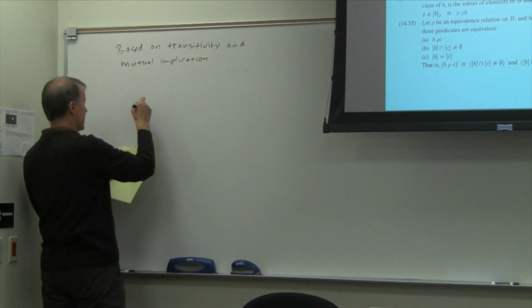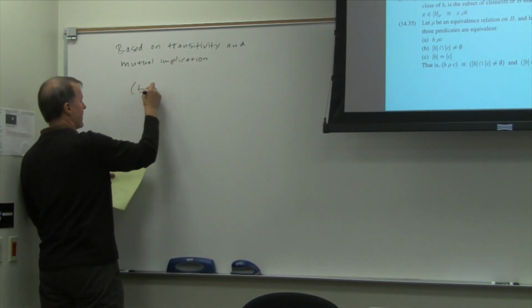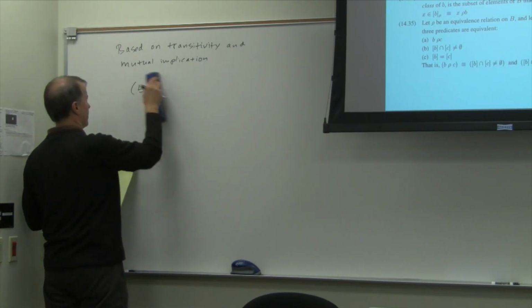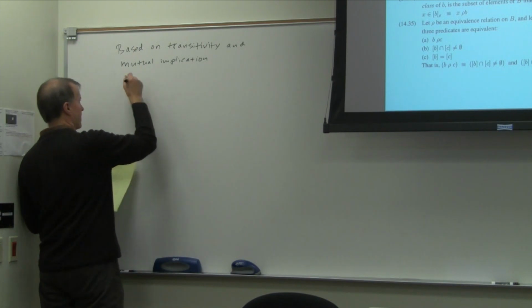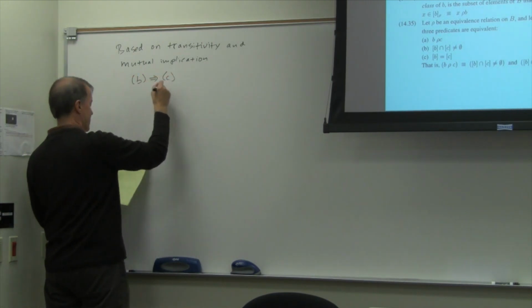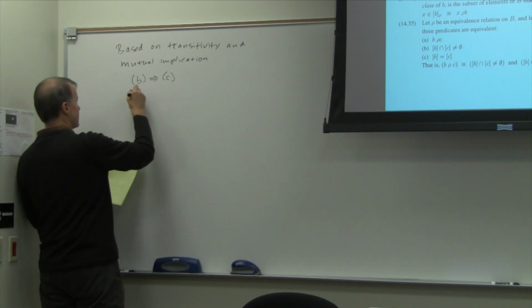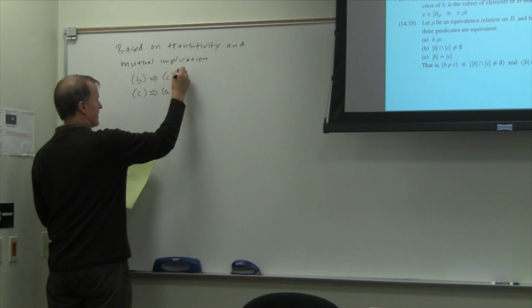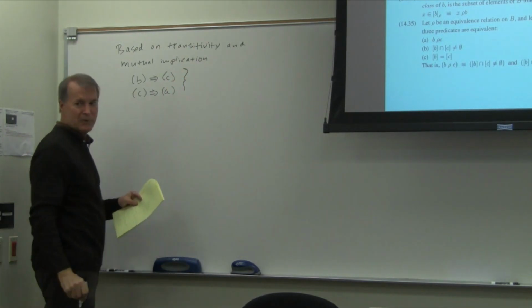Okay, so what happens is if we have B implies C, this is part B. If we have B implies C, and then we have C implies A, then by transitivity, what will we have?